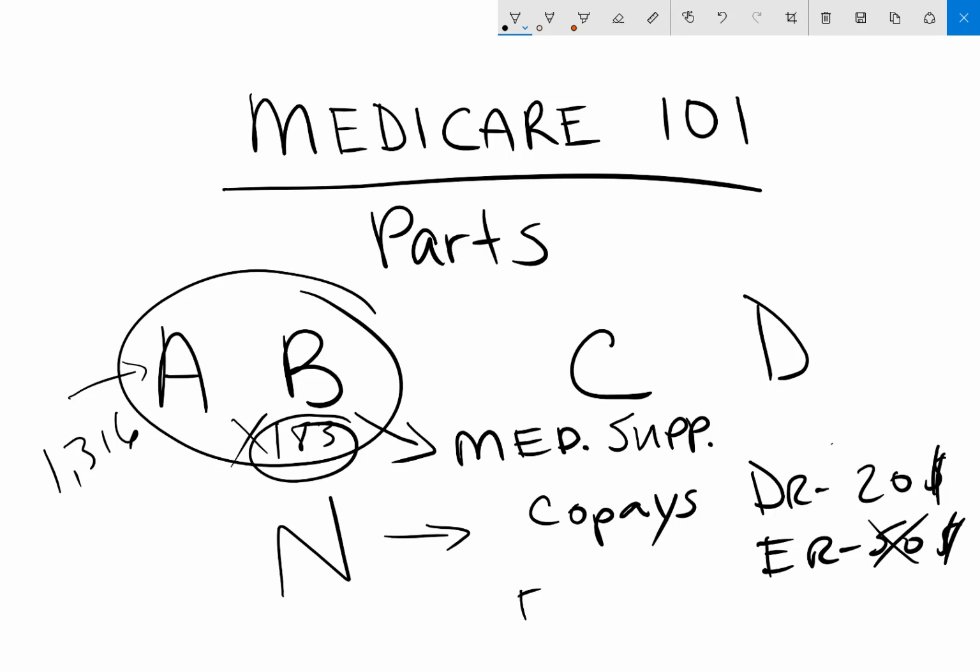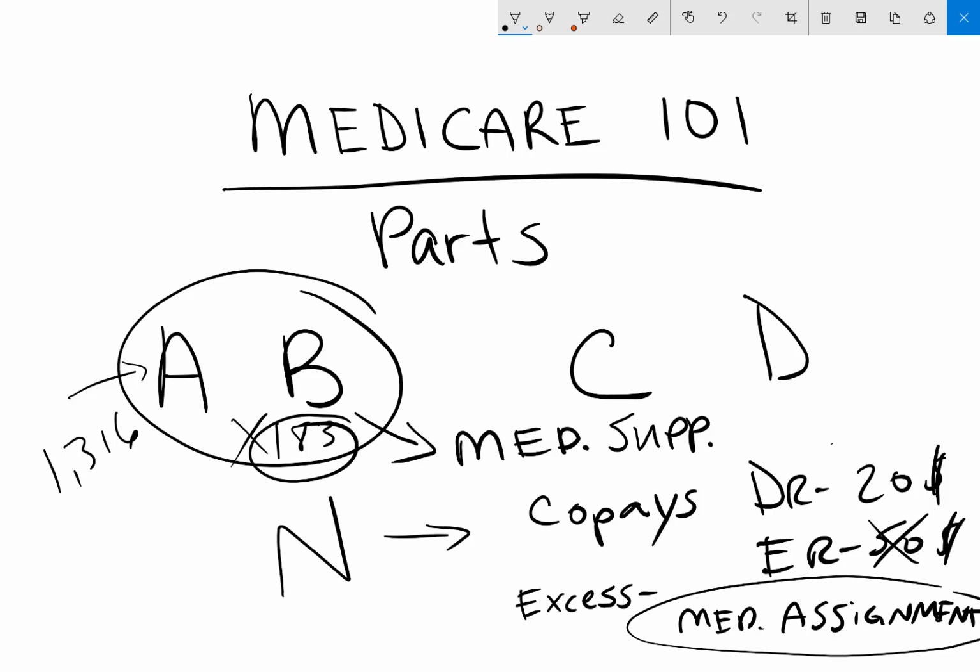At that point, you also want to look at excess charges. This is where Medicare assignment comes into play. If a doctor does not accept Medicare assignment, they can charge an additional 15% on top of whatever Medicare allows.